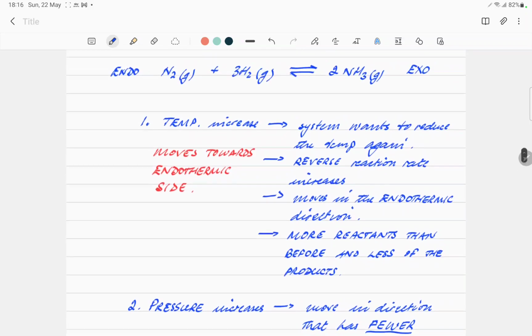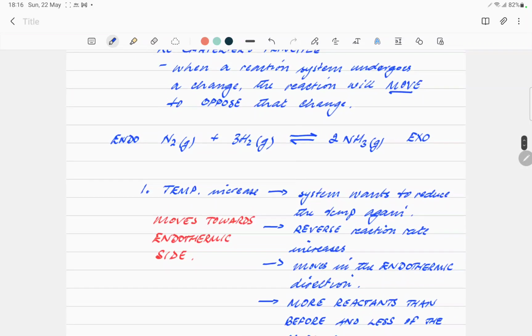All right. Let's remind ourselves. In this one, you've got 4 moles of gas on the left-hand side in the reactants, and only 2 moles of gas on the product side, on the right-hand side. Yeah?